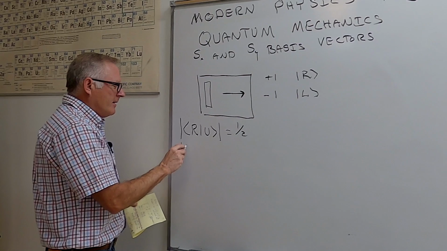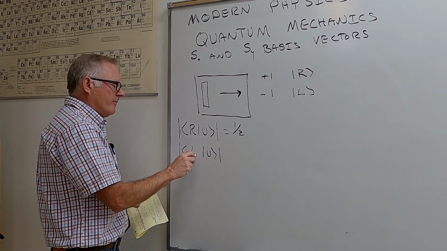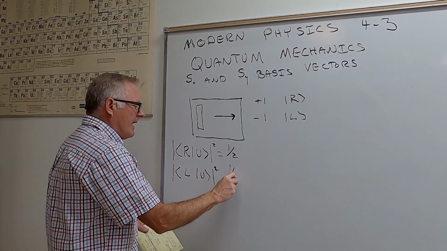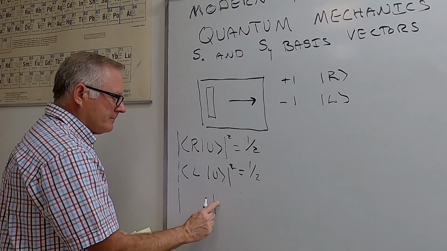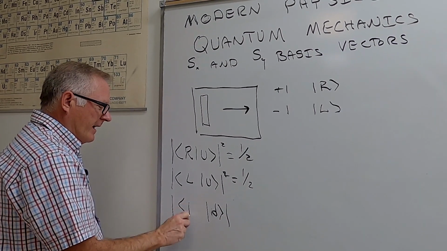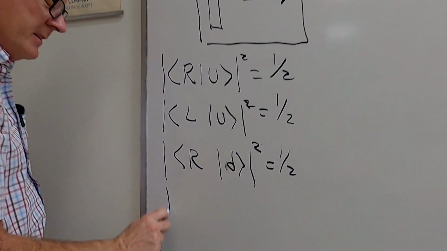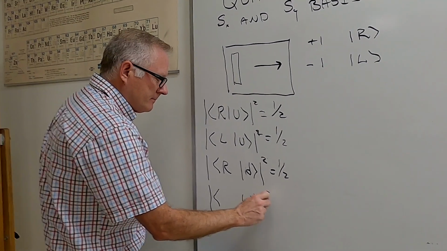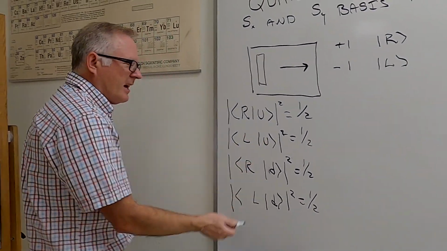Also, if we were in up and we measured left, remember we said we got 50%. Oops, these are squared. You got 1/2. Or if we were in the down and we measured right, that was also 50%. Or if we were in the down and we measured left, that was also 50%. So this has got to be true.